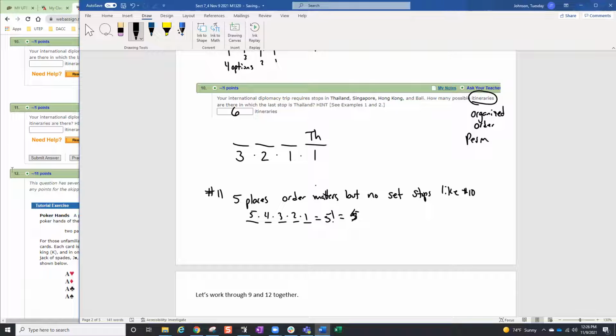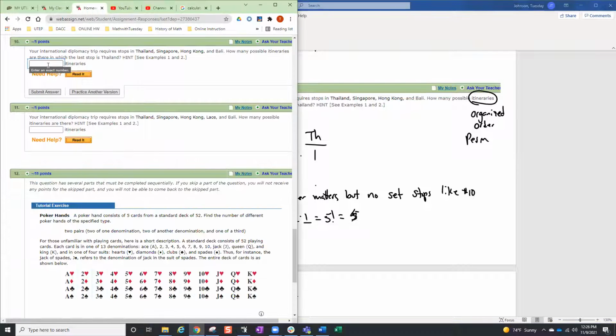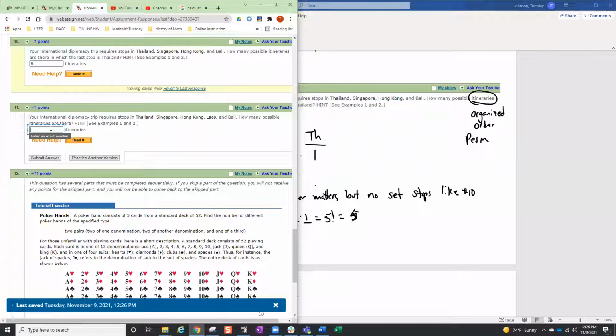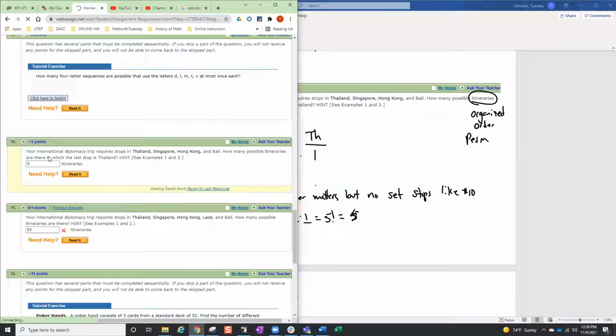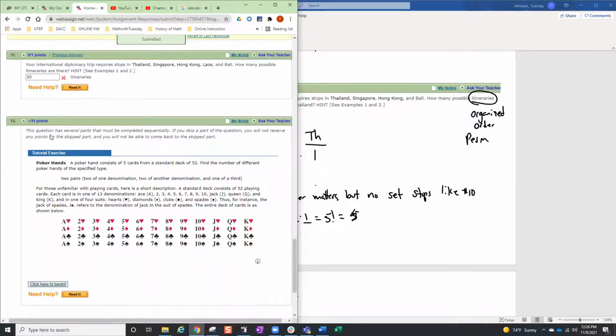And I'm going to put in these answers because, you know, I don't get points for my homework very often. 6 and 5 factorial. 1 times 2 is 2, times 3 is 6, times 4 is 24, times 5 is 96. That doesn't seem right. 20, 60. I can't calculate. I didn't like 60.